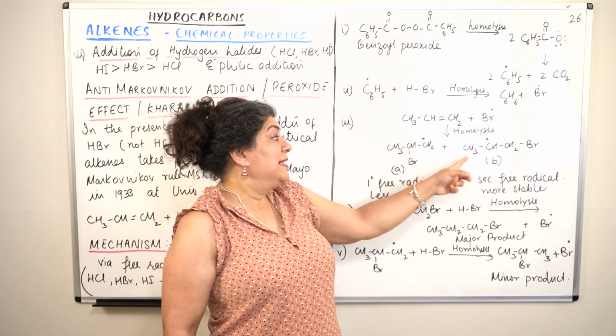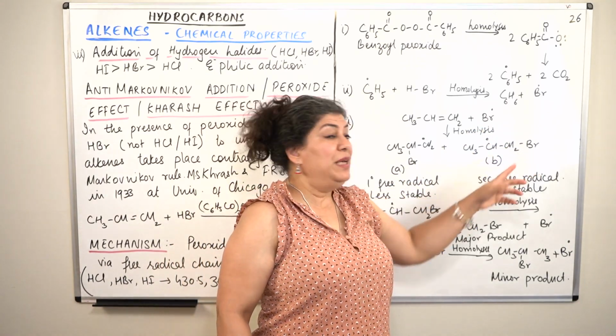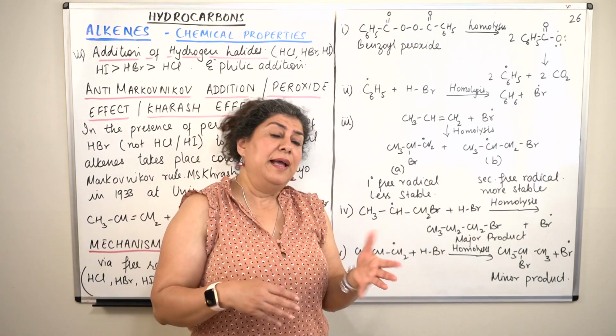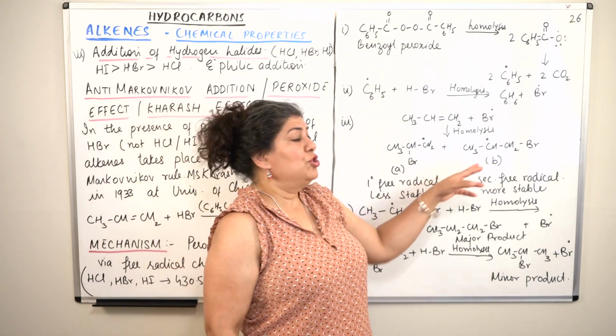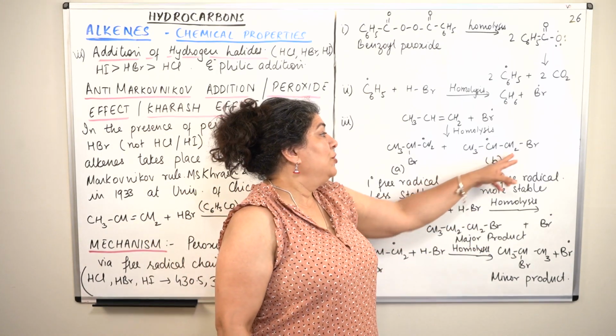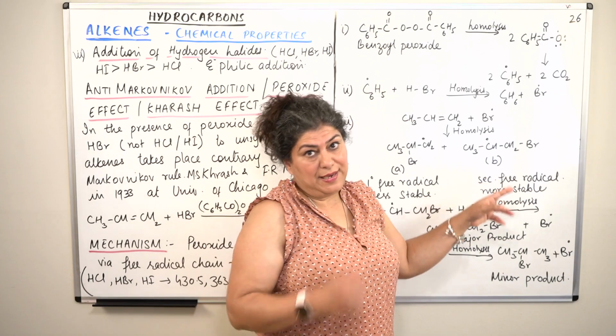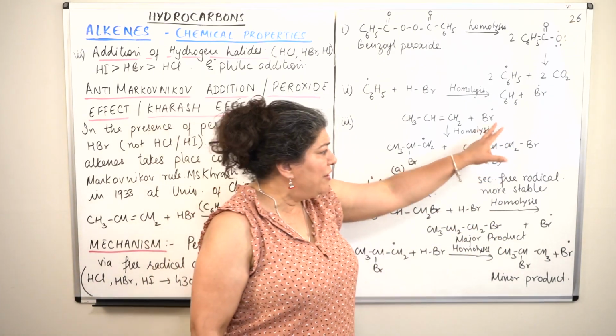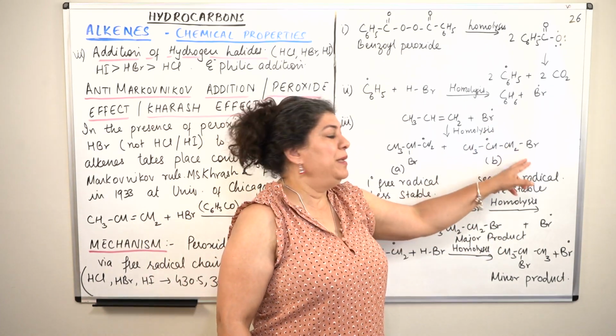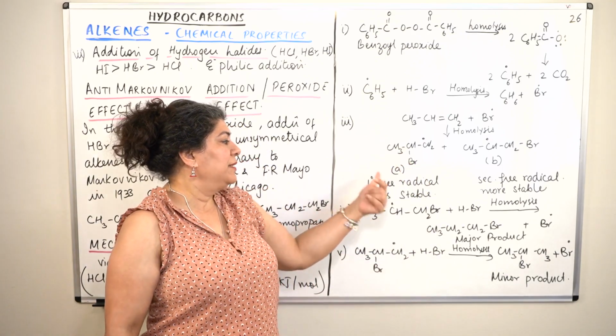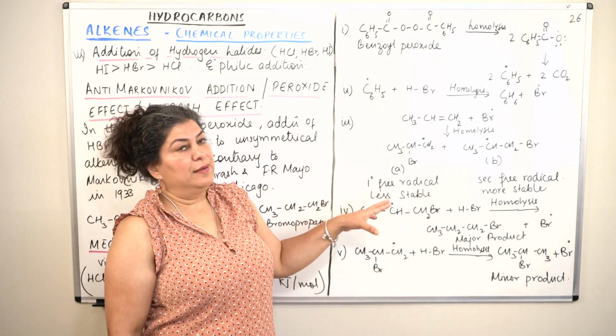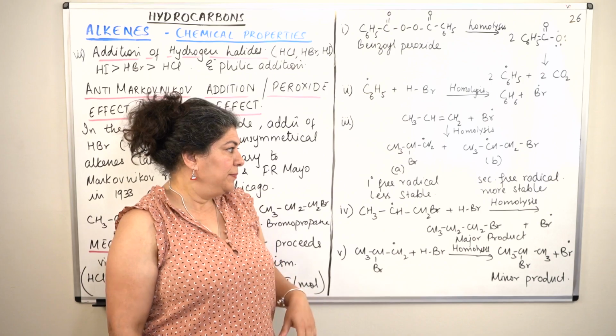But here, since the free radical that is formed, the bromine part, the negative part has already added, and now the hydrogen part will have to add. So this secondary free radical that is formed is more stable. So whatever product this gives will be the major product, and whatever product this less stable free radical gives will be the minor product.